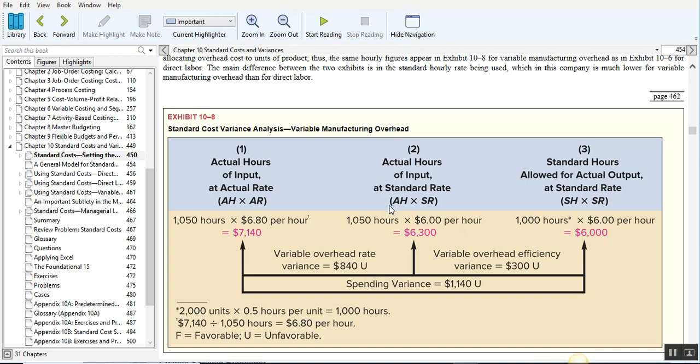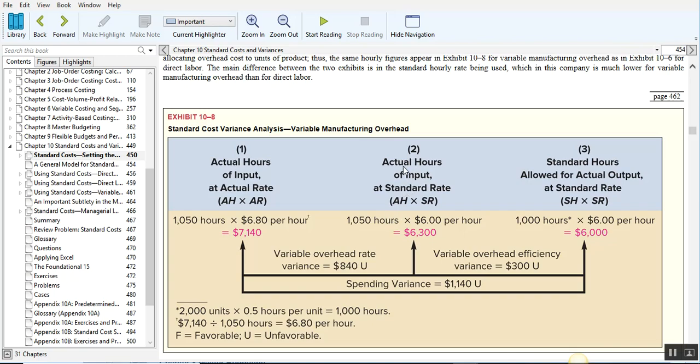Here we take the actual hours times the standard rate, and that gives us this amount here based on the actual hours, but still times the standard rate. And this difference then will be the variable overhead efficiency variance, which means if we used less hours than what we planned, we're going to have a favorable efficiency variance, but if we used more, it'll be unfavorable like it is here.